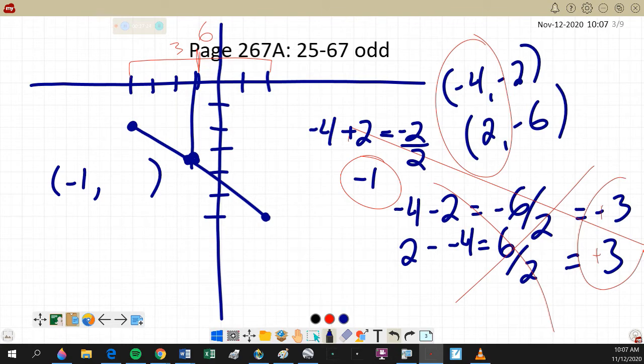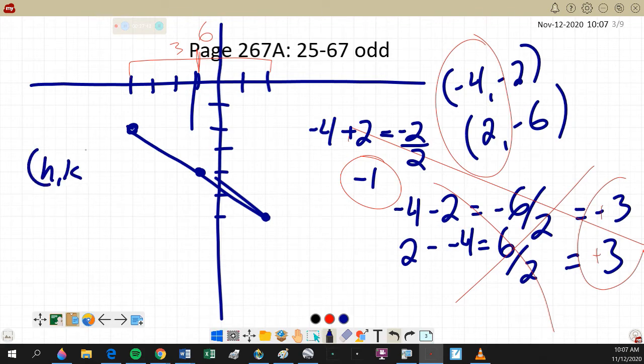What should we do with the y values? Add them together. -2 minus 6 is -8, divided by 2 is -4. Now my graph is terrible, but there we go. So that is (h, k), it's (-1, -4).